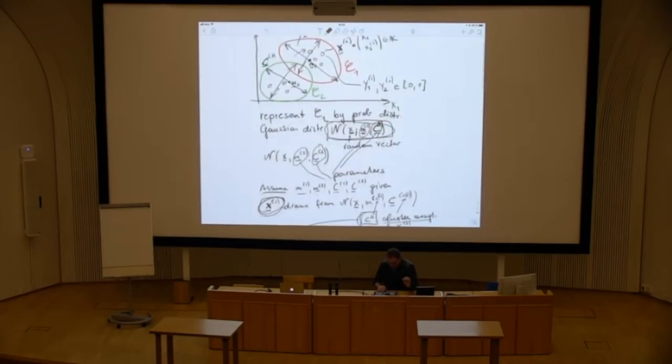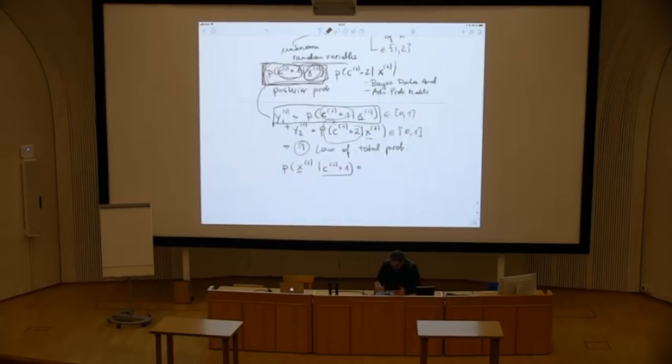Well, what is our modeling assumption? Cluster 1 is represented by this probability distribution, so we know it by construction of our model. This is a normal distribution with mean vector M1 and covariance matrix C1. And what is the conditional probability distribution of xi given cluster 2?